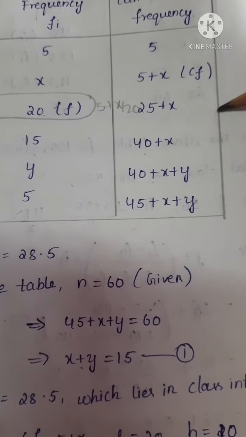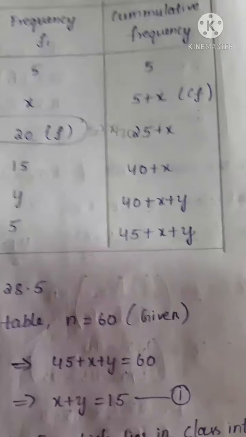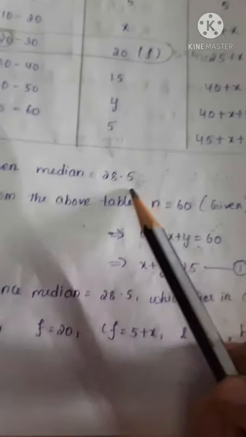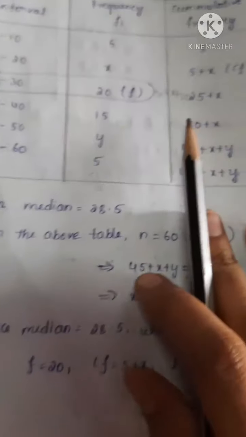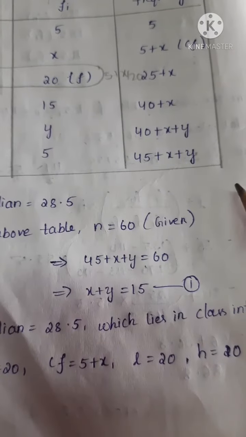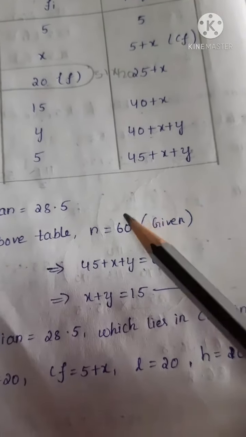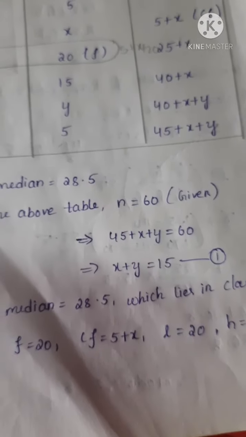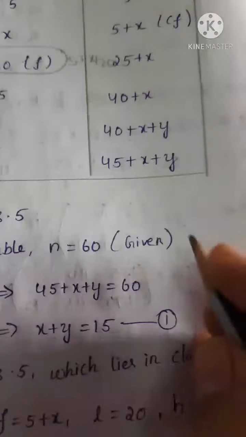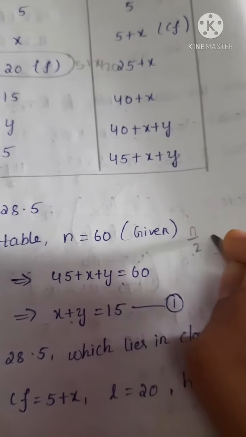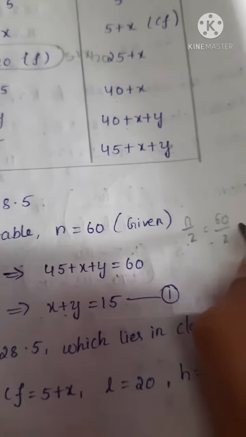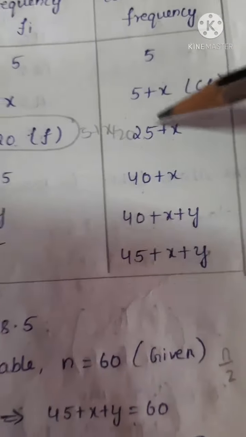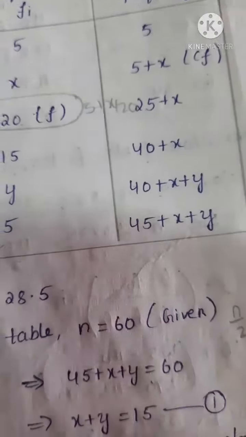So here x and y are there. While you are finding the cumulative frequencies, please be careful. They have already given the median, 28.5. Now first we have to find the median class. Here the n value is 60, so what is n by 2? n by 2 is 60 by 2, which gives 30. If you observe here, 30 can be nearer to 25 plus x.